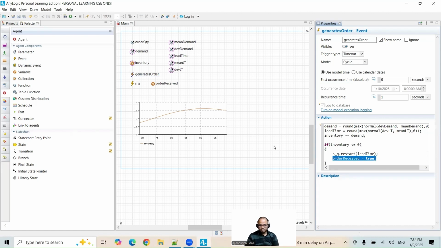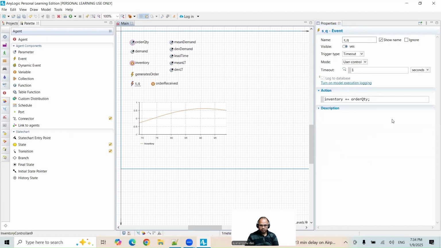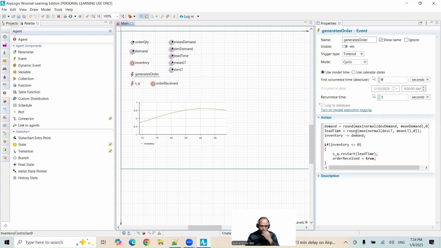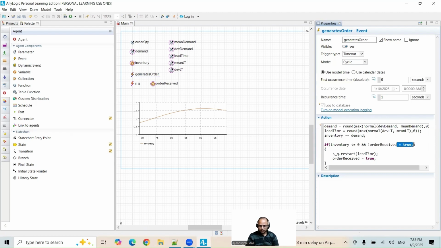Once this is replenished, we'll set order received to false, so that if it places an order again, it can generate. For that condition to be fulfilled, we also have to check that the order received is equal to false. The way to check that is this way. So now we are good, and we should be able to see the same output.